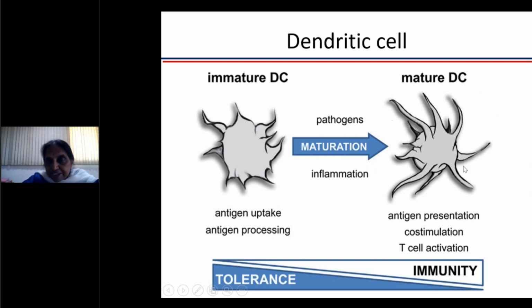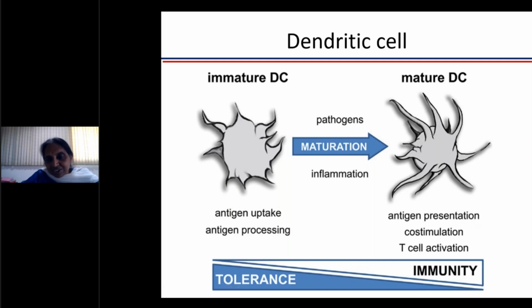But for presentation, that is to put it on a plate in a proper way, it's like cooking. The immature DC is like a chef, which will prepare the antigen in such a way that it can now be presented to the guest. The guest is a T cell. So it has to be made in a form which the T cell would find interesting and would mount an immune response to. That is the process which we call antigen presentation.